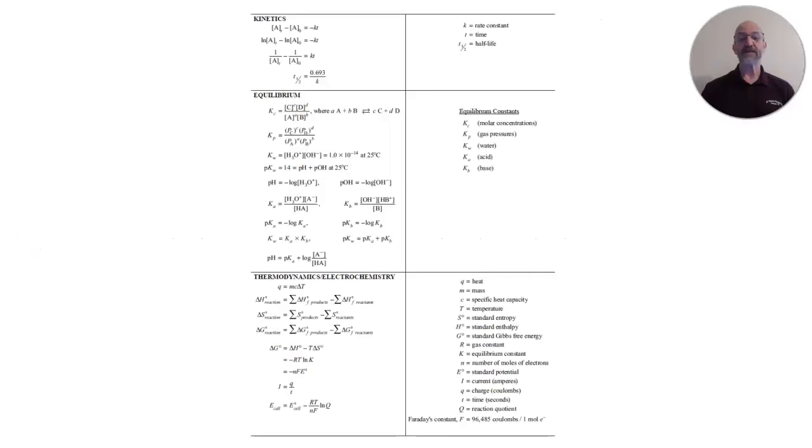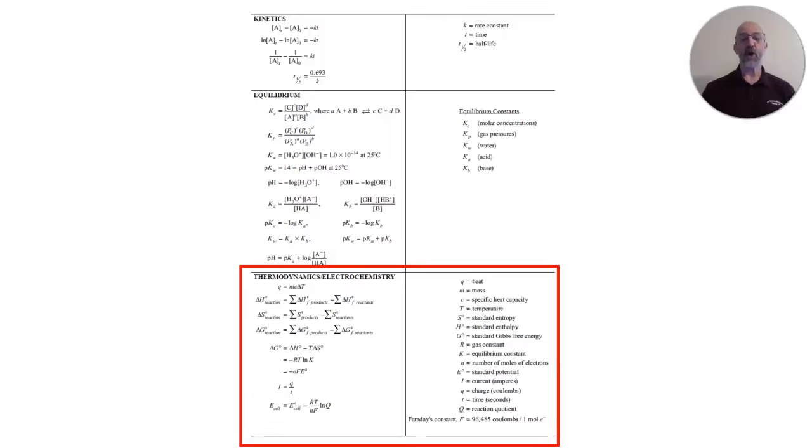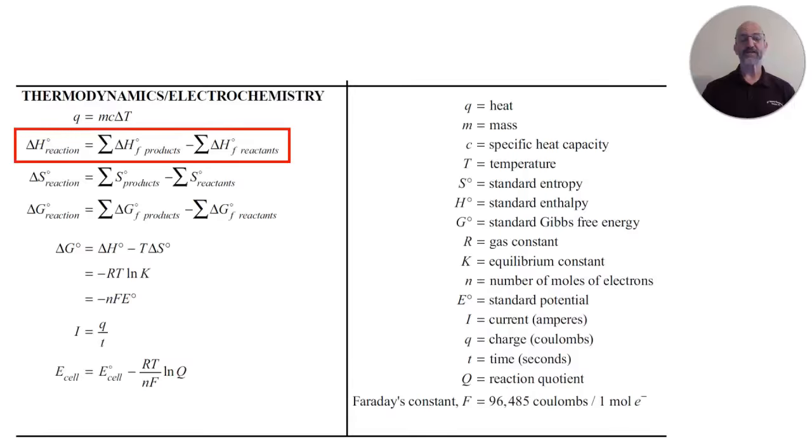Take a look at this page of the AP Chemistry equations and constant sheet, and if you zoom in on the section entitled Thermodynamics and Electrochemistry, you will see this equation. Now, this equation should not be used when you are doing a bond enthalpy calculation for topic 6.7. This equation should be used for topic 6.8, which is coming up a little later in this lesson.